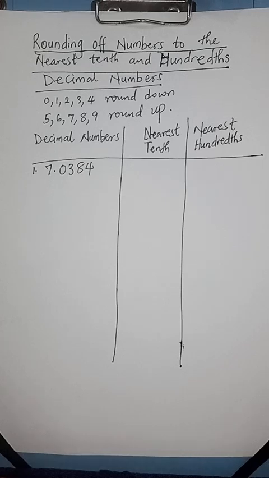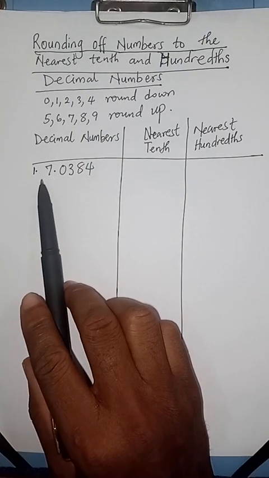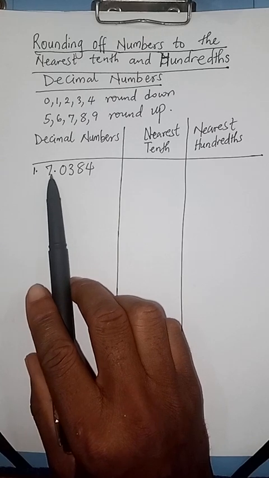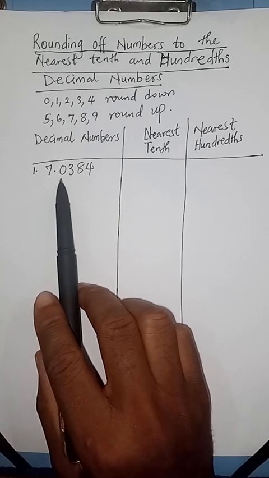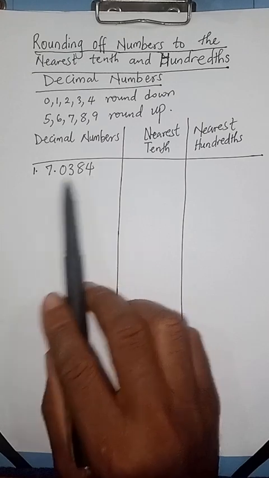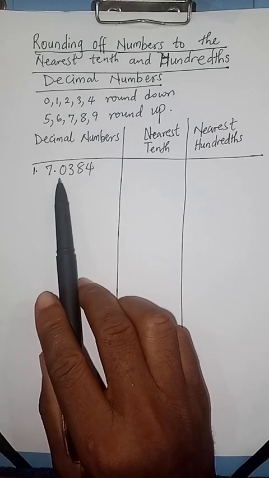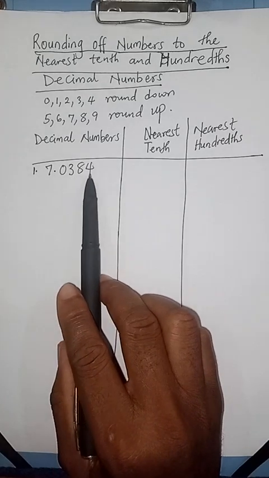Now, we must understand the place value system of decimal numbers. This is the decimal point. The digits before the decimal point are your whole numbers. The digits after the decimal point are your fractions. So if I'm to read this number, it is 7.0384.